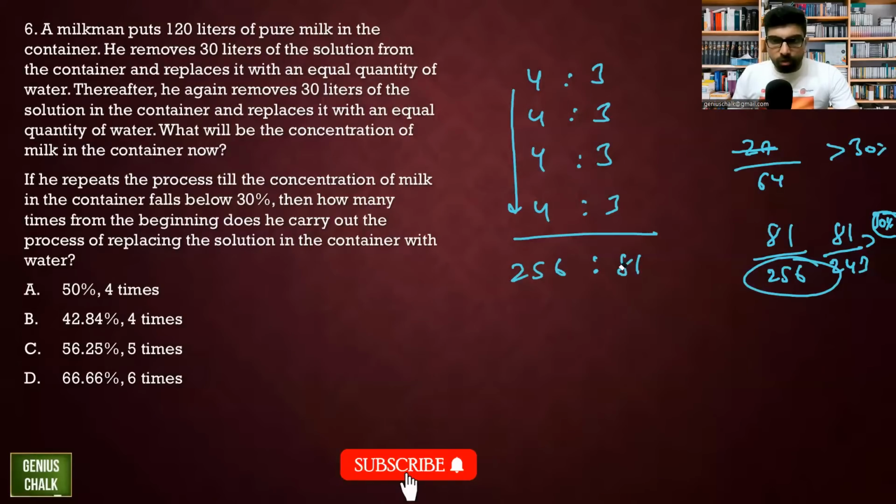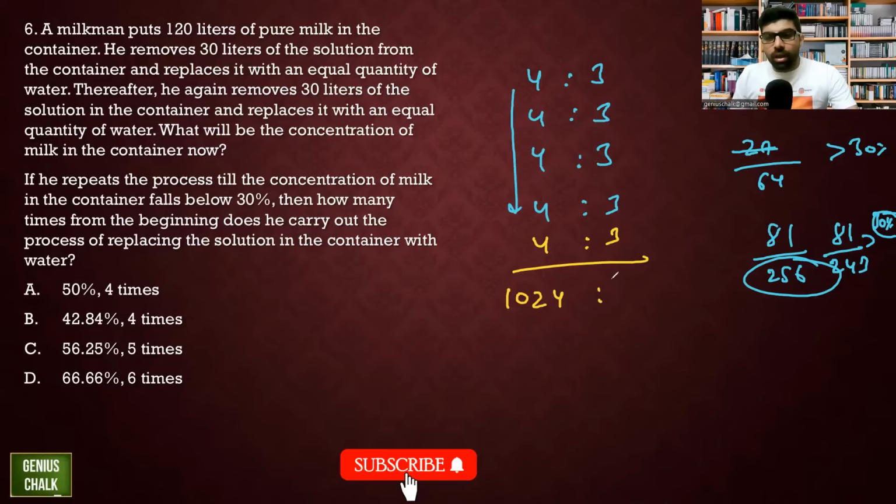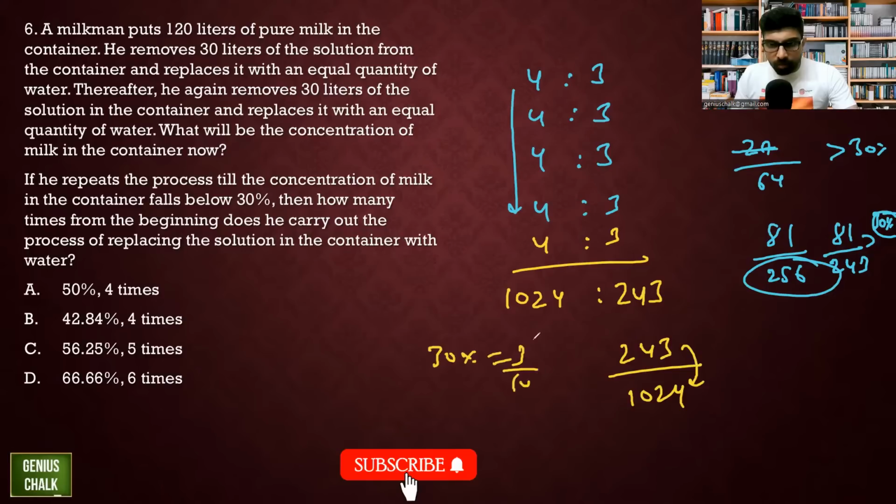Now let's solve for 5 times. Let's take one more time 4 and then solve. So if one more time the operation is done, this is 4 to the power 5, that is 1024, and 3 to the power 5 is 243. Now you can check 243 by 1024. 30% is basically 3 by 10.